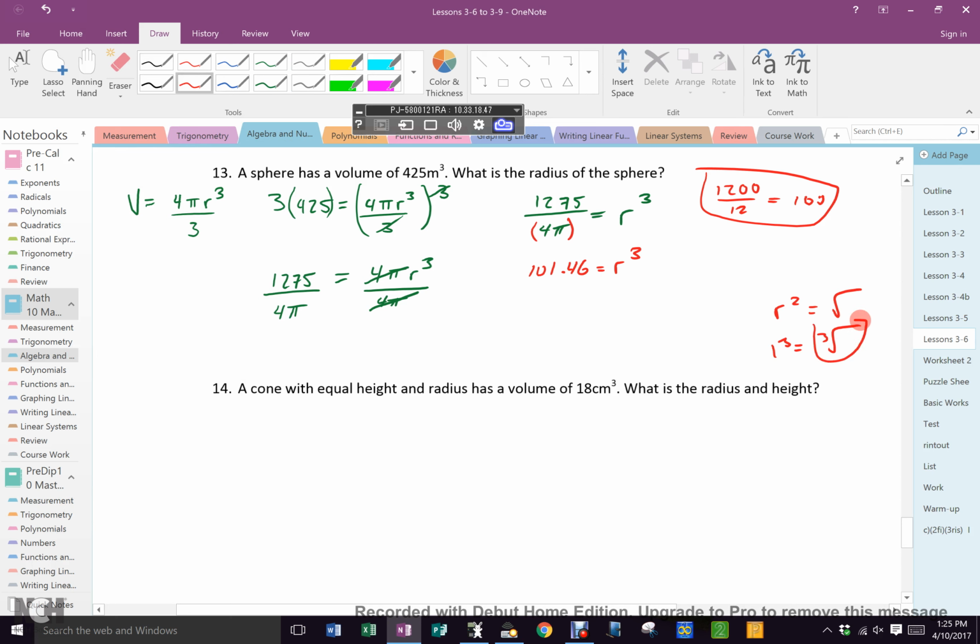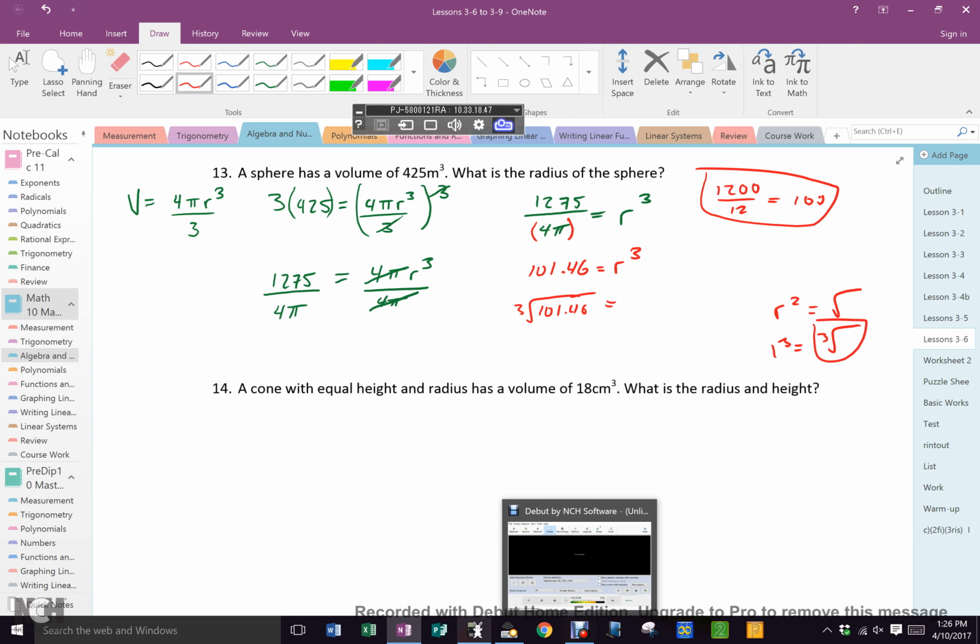A lot of your calculators have a cube root button. Some of them don't. Look now and find it. But you need the cube root of 101. And again, it doesn't hurt to have a guess. The cube root of 125 is 5, yes? 101 is a little less than 125. So your calculator better give you an answer of a little less than 5, right? Then you'll know you've done it right.